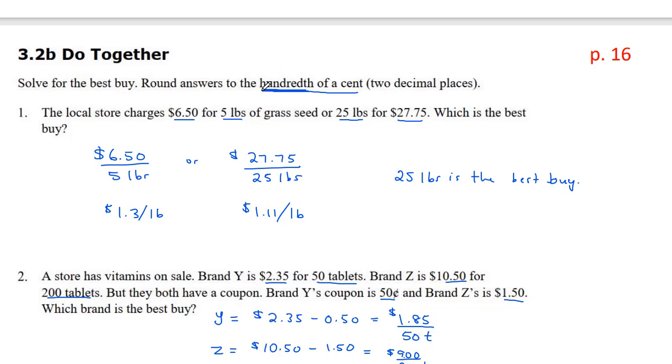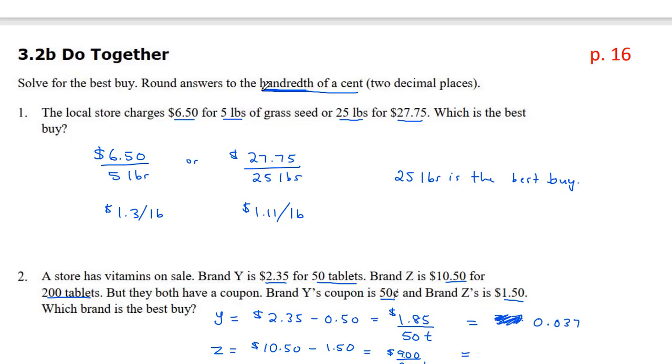So let's go and do our division. $1.85 divided by 50 gives us 0.037. I'm just going to scratch that out because I kept the decimal there. Remember, you can take the decimal out or you can keep it in.